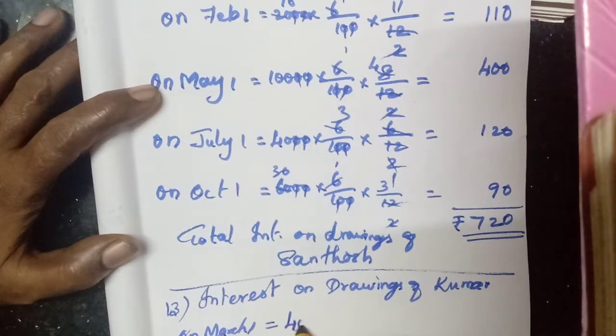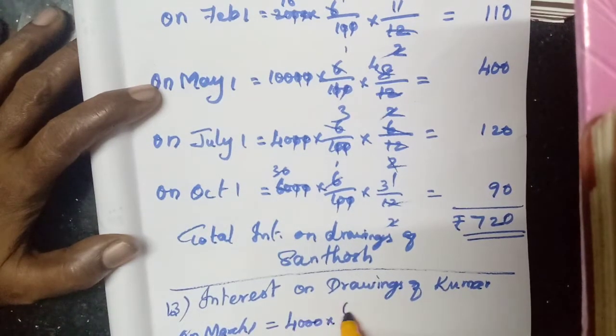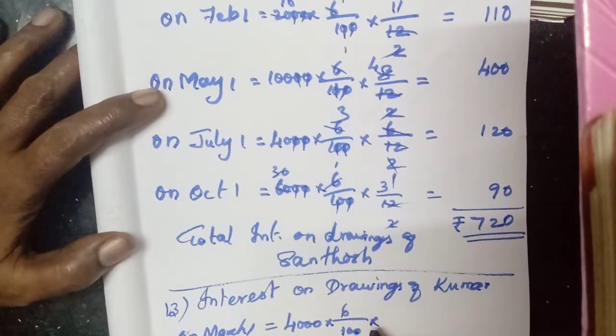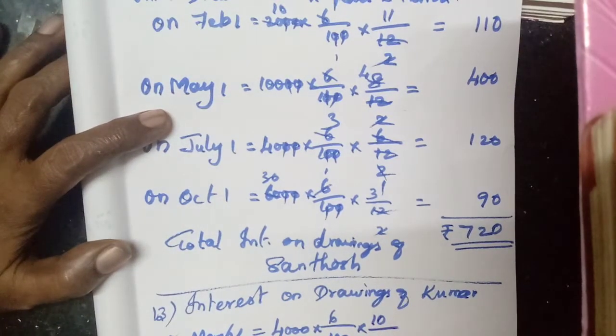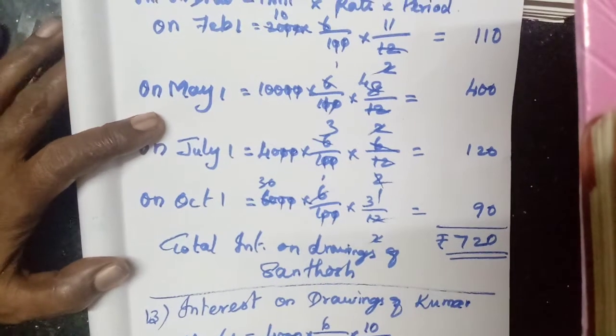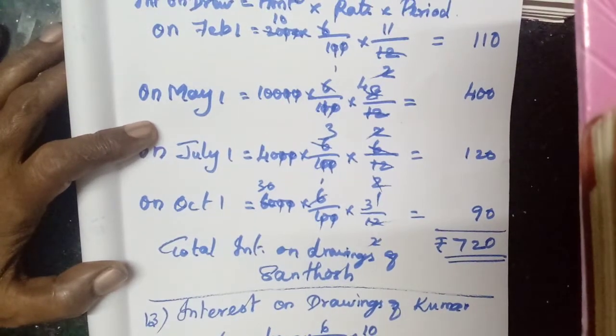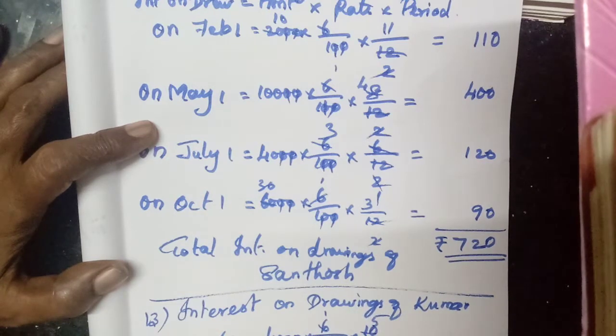How much? 4000 into rate 6 by 100 into the same thing from March onwards, 10 months. January, February we have to leave. So 10 months by 12. 6, 2, so 2, 5. 40 into 5, 200.